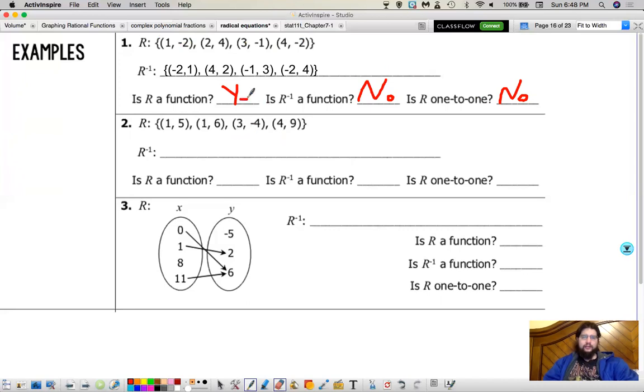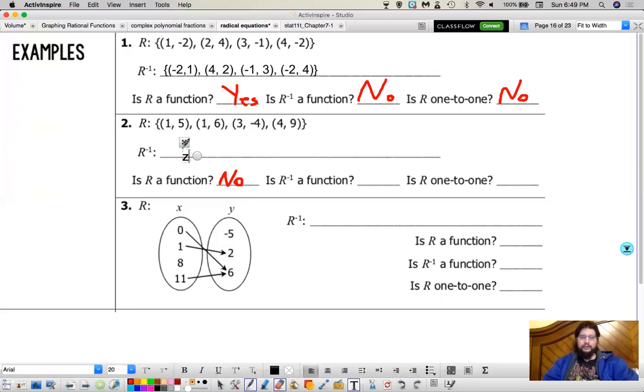All right, let's check this guy out. Oh, this ain't even a function. Look at that. Starts off as a no. Let's write out the R inverse. It might be a function. It doesn't matter what R is; it's a function or not.